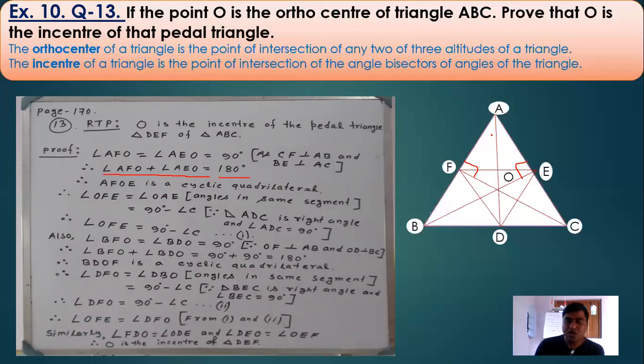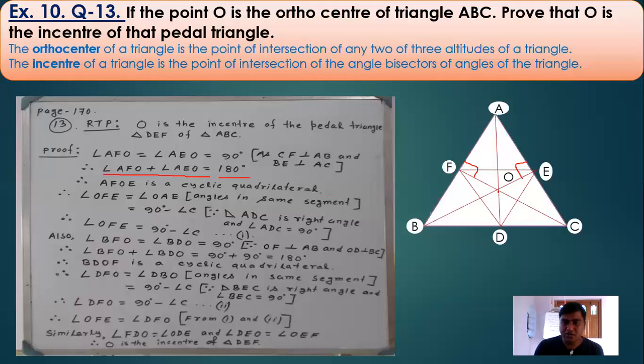So the quadrilateral AFOE is a cyclic quadrilateral. That is, these 4 points A, F, O, E lie on a circle.